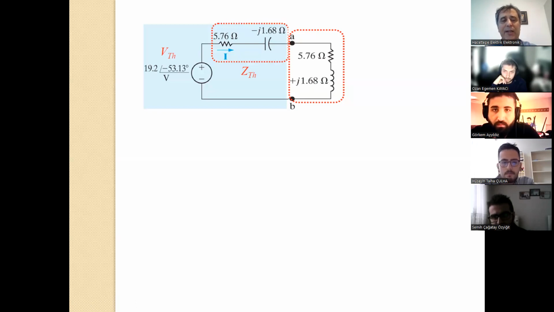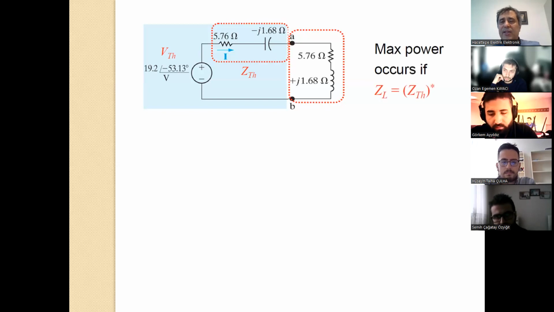Otherwise, there will be an imaginary part in the total impedance, and it is going to reduce the magnitude of the current. You see how useful this optimization is in maximum power transfer. This is the condition we have applied.